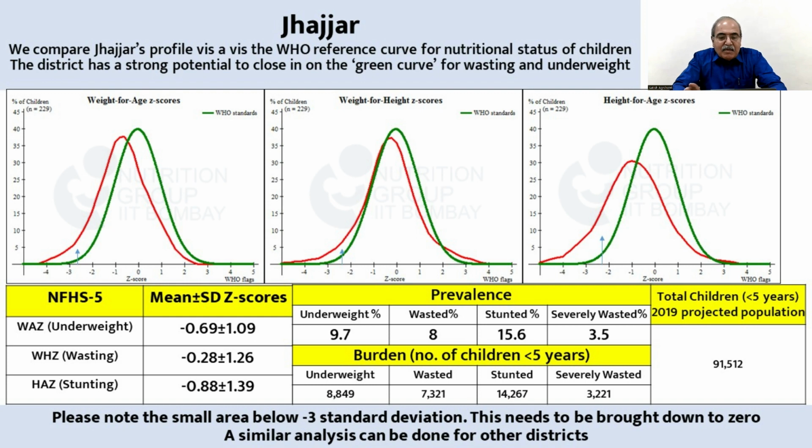One doesn't have to worry very much about it, except for noticing that in the WHO reference curve, anything below -3 is 0. So therefore we have actually put these arrow marks, which shows you the small area which is there below -3 standard deviations.